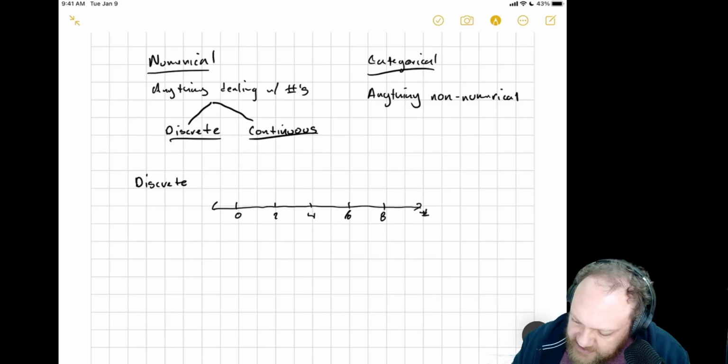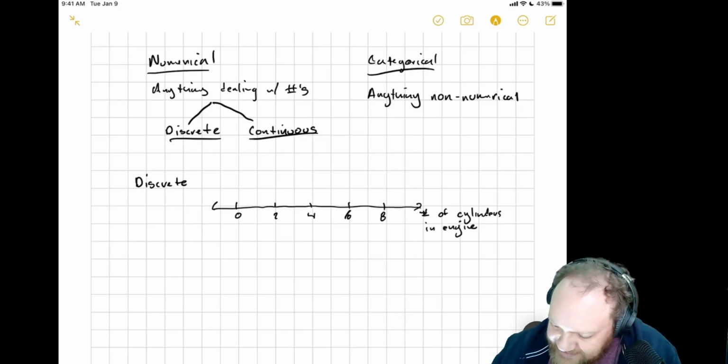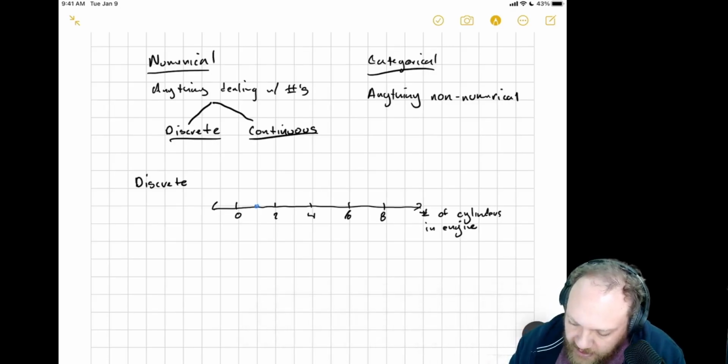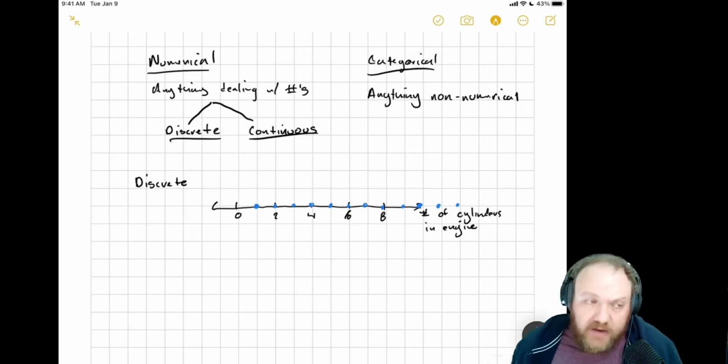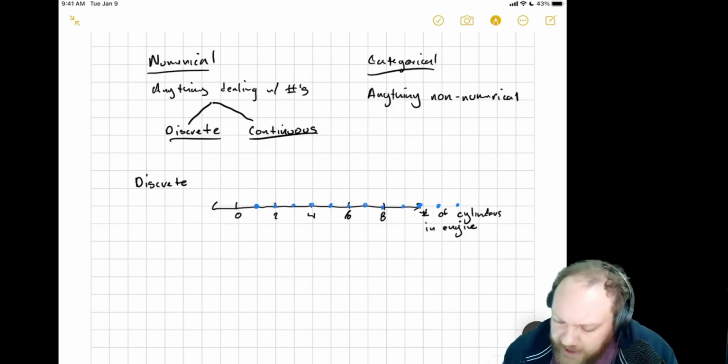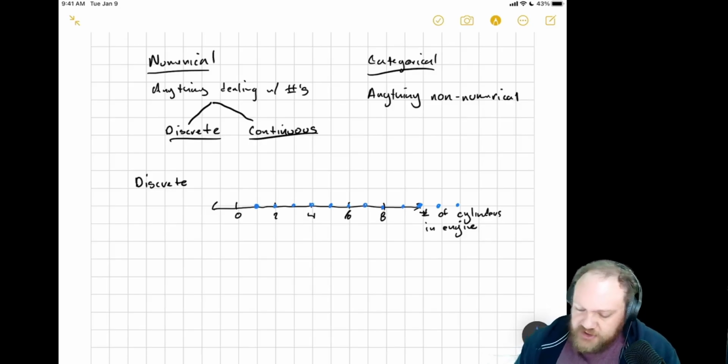And I'm going to say this number line is number of cylinders in engine, right? Now, if I consider the possible values that I could have, those possible values are 1, 2, 3, 4, 5, 6, 7, 8, 9, 10, so on and so forth, right? Theoretically, one could make a very, very large engine and come up with some large value.